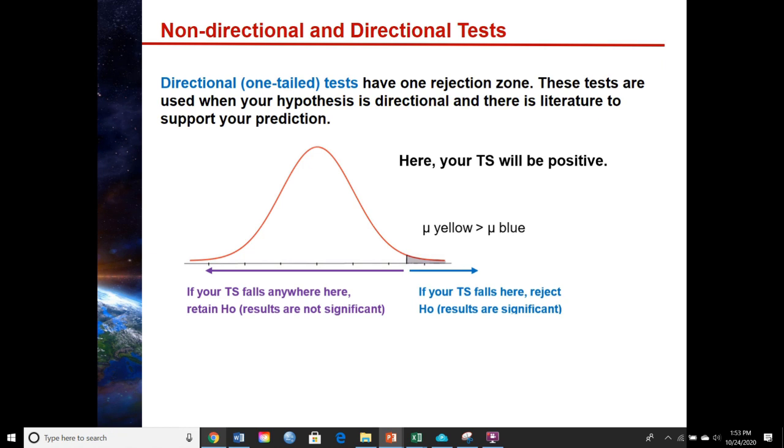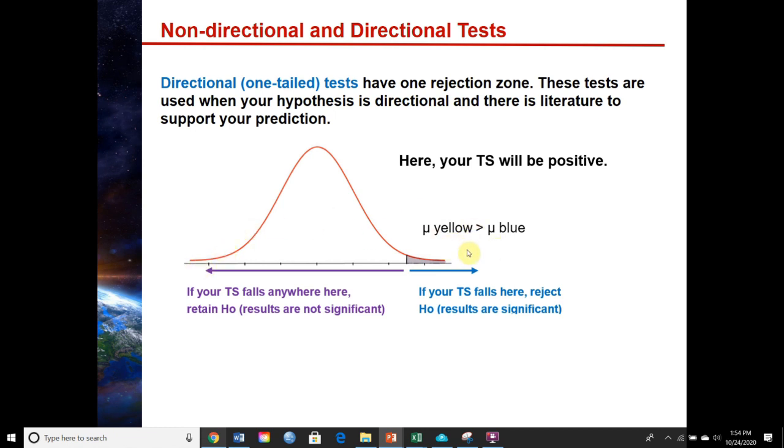Okay. Now, if you're predicting that the yellow room is going to give you higher scores than the blue room, then we're expecting this tail, but only if yellow was group 1. All right. If yellow was group 2, we would have predicted this tail.